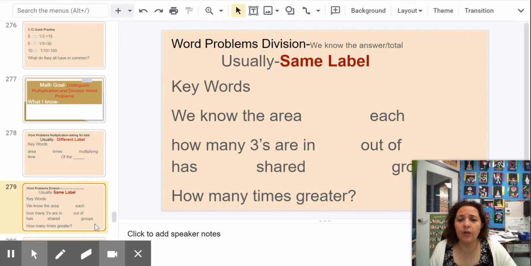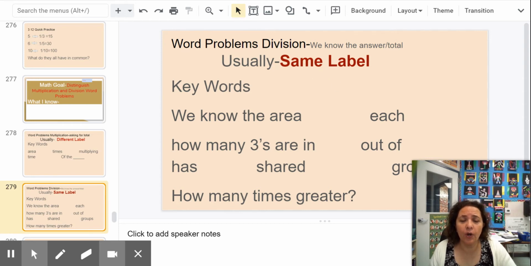So, another set of keywords is for division. Don't worry about writing these down, because I'm going to give you a handout in class that has all of these, so you don't have to frantically write them down. Okay, division word problems, we talked about them in the last video. We know the total, we know the answer, so I always look for that. And then usually it's the same label. So I'm going to look in the word problem: are the numbers labeled the same?